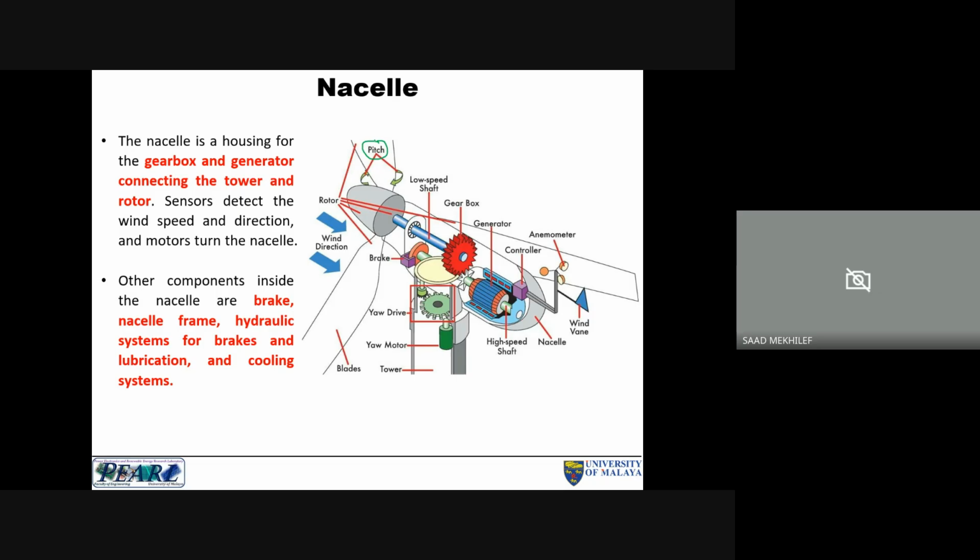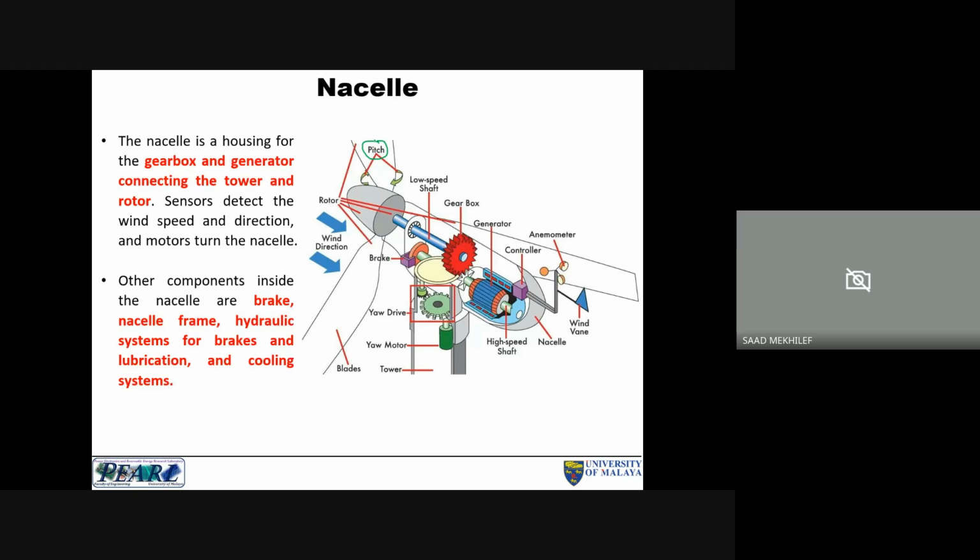So this has multiple objectives. For example, if you have a very low wind speed, you can adjust the pitch to have maximum interaction between the wind and the blade, so it starts and can run.